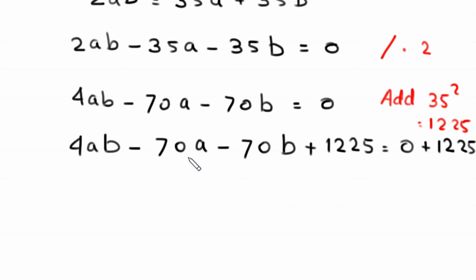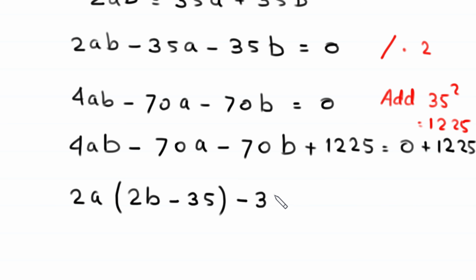Now from these two terms we can factor out 2a, in bracket 2b minus 35, and from these two terms we can factor out negative 35, in bracket 2b minus 35, equal to 1225.